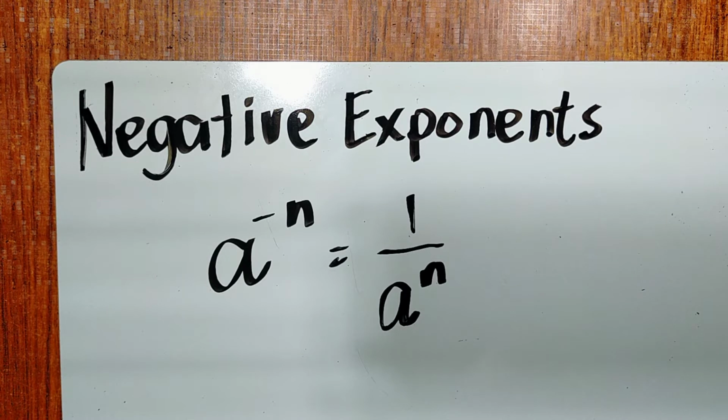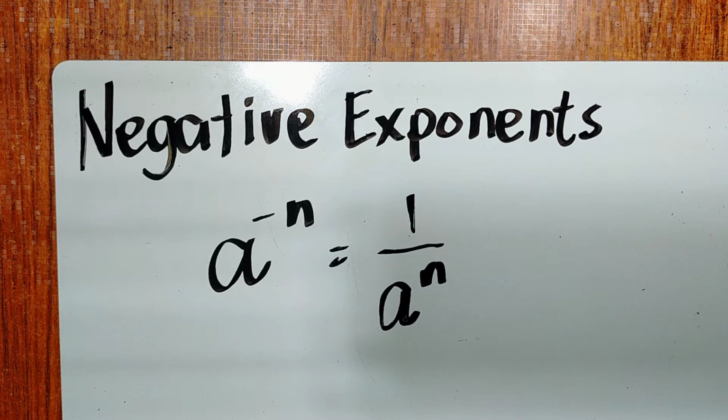The number a raised to negative n and a raised to n are reciprocals. Thus, whenever you come across a negative exponent, think reciprocal.